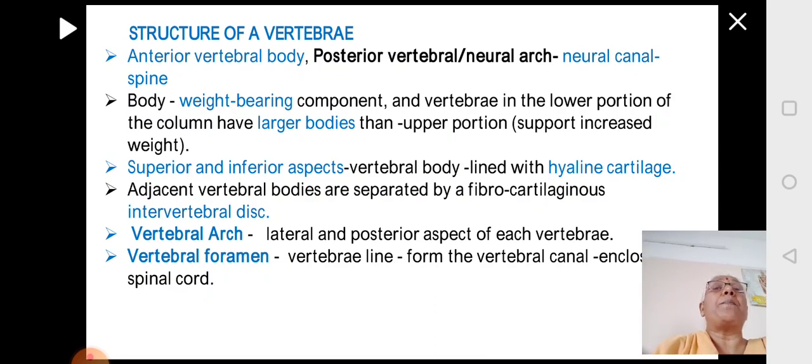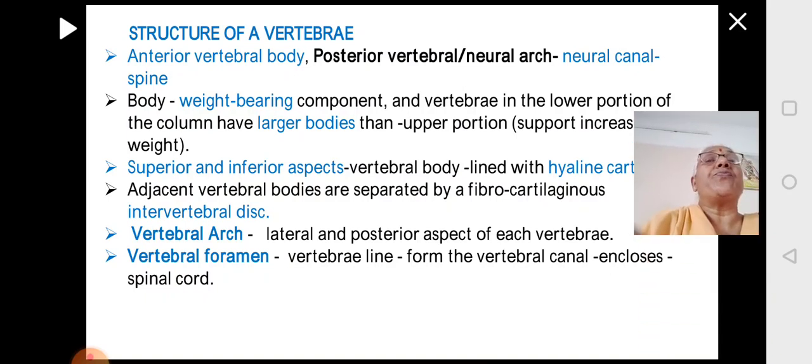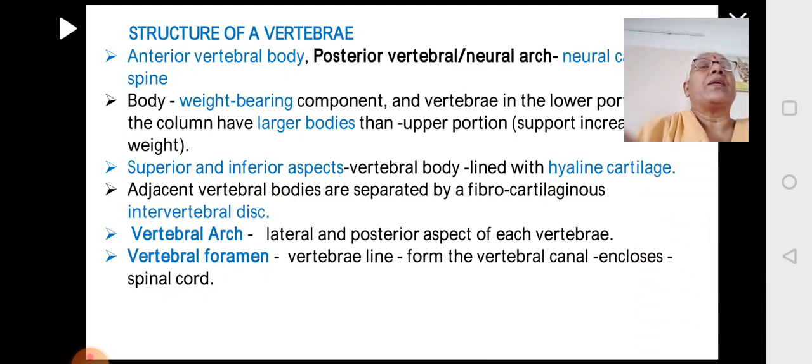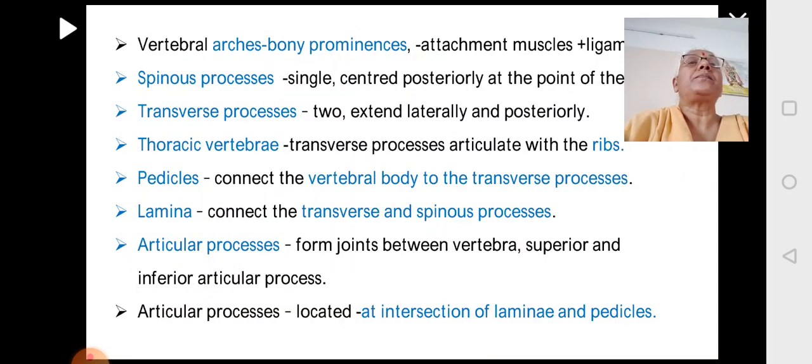The posterior part of the vertebra is called the vertebral arch, which will have a lateral aspect and a posterior aspect. Then there is the vertebral foramen. Foramen is an opening through which many nerves and the cord will pass through. We will look at each one of them in detail when we study the vertebrae in the five different regions.